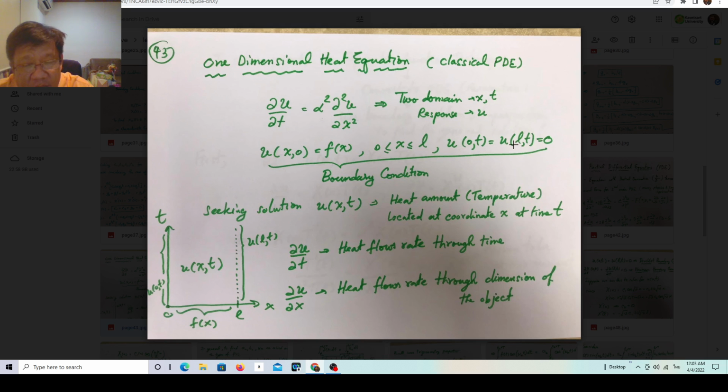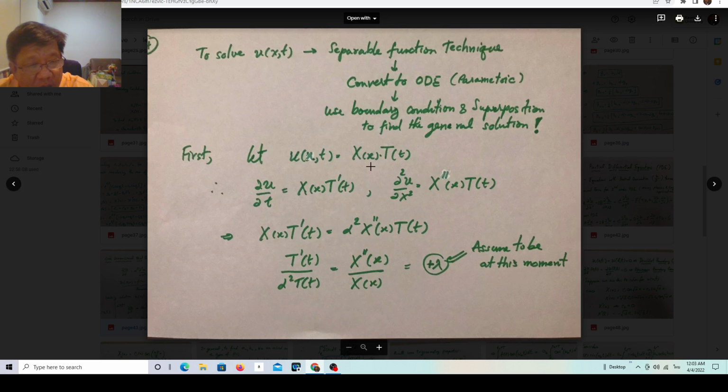At the same time, when x is equal to L, you have X(L) times T(t) equal to 0. You cannot, unless T(t) is equal to 0 for all t, which is meaningless. T(t) needs to have some non-zero function also. So the only way you can make sure that u(L,t) for all t is equal to 0 is to make sure that X(L) is equal to 0.